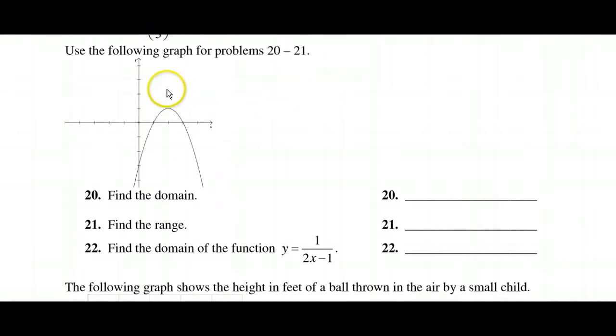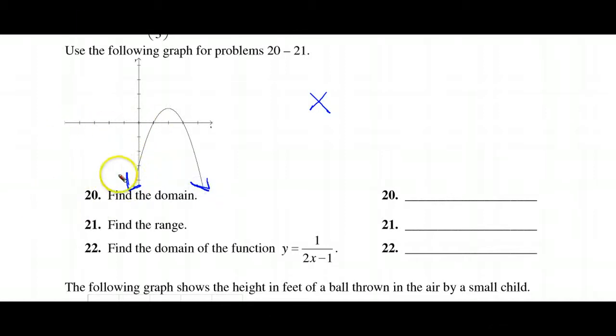Okay, they're saying use this graph to solve these problems. First of all, find the domain of this. Well, domain, you may recall, are the x values. And this is going this way, and this is going this way.